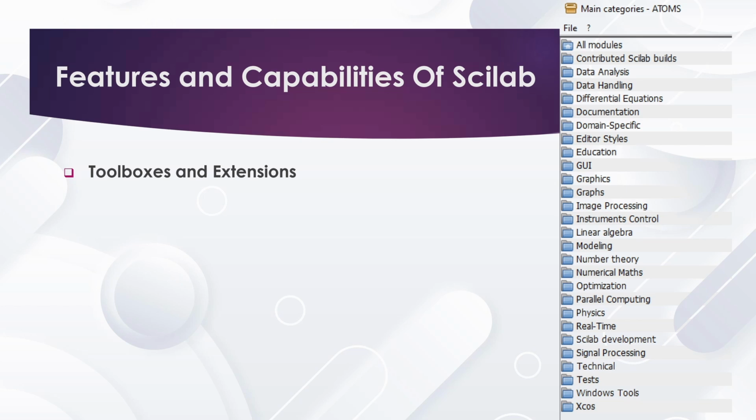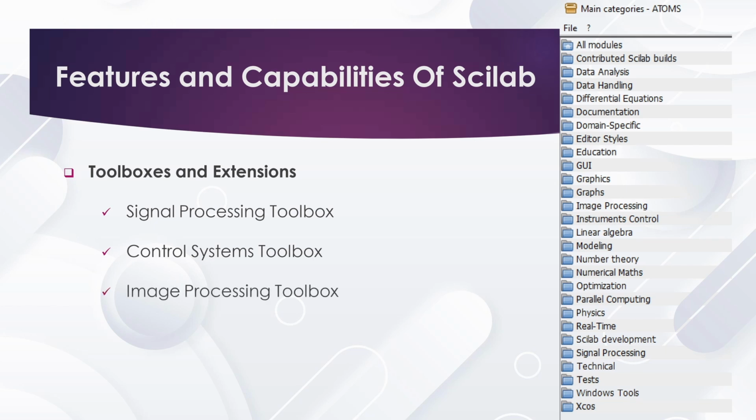Some notable toolboxes include Signal Processing Toolbox, Control Systems Toolbox, Image Processing Toolbox, Machine Learning Toolbox, and many more. The Signal Processing Toolbox can be used for filtering, spectral analysis, and wavelet transformations. The Control Systems Toolbox can be used for designing, analyzing, and simulating control systems.